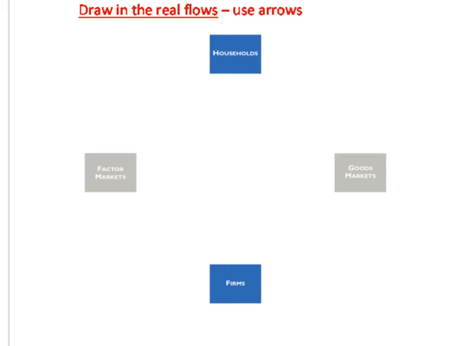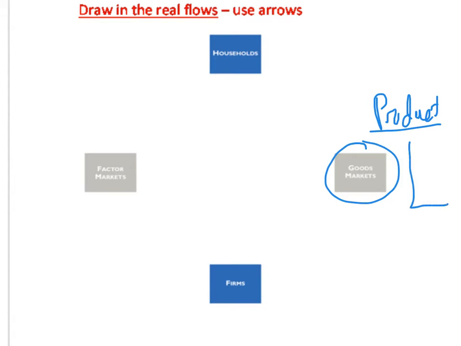So we have the households and the firms, and then we have the goods market. Once again, you can think of the goods market as the product market. This is the product for goods and services. So you can think there's a supply and demand curve. So this is where the firms and the households come together where the goods are bought and sold.